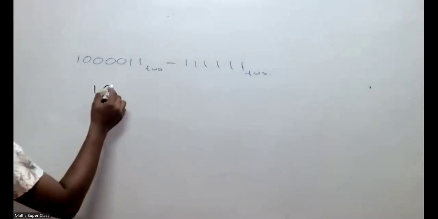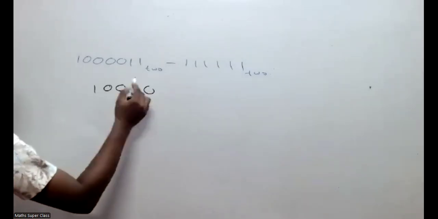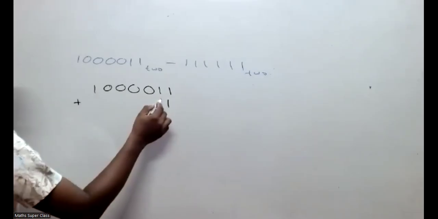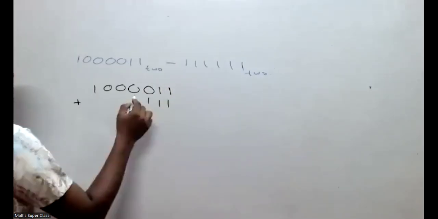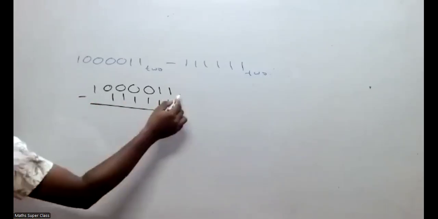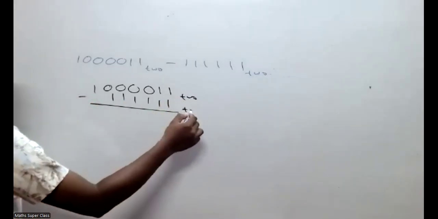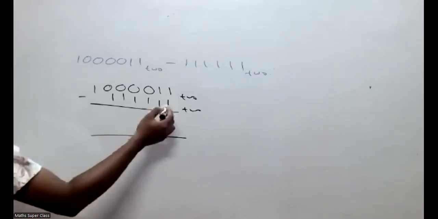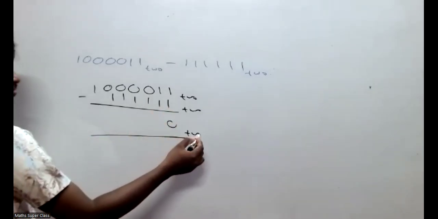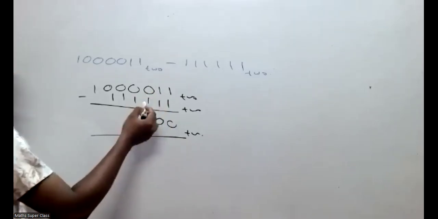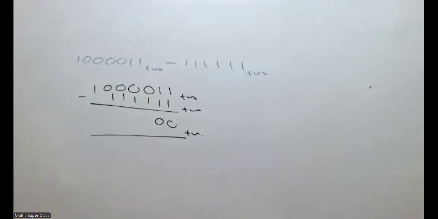Here, 1, 0, 0, 0, 0, 1, 2, 3, 4, 1. Normally, I'm not giving easy questions. Why? Know how to find the answers, but I'm giving the difficult ones. Here, 1 minus 1, 0. 1 minus 1, 0. 0 minus 1, so we can't do that.